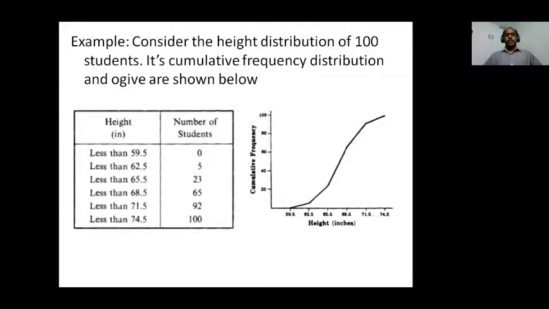Proceeding like this, we get the cumulative frequency less than 68.5 is 65, less than 71.5 is 92, and less than 74.5 is 100. This can be depicted as a line graph, and we get the cumulative frequency curve or ogive like this. This is the end of the video.